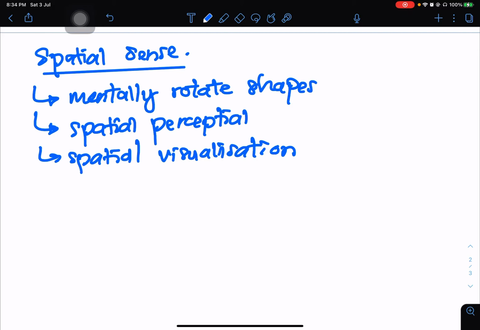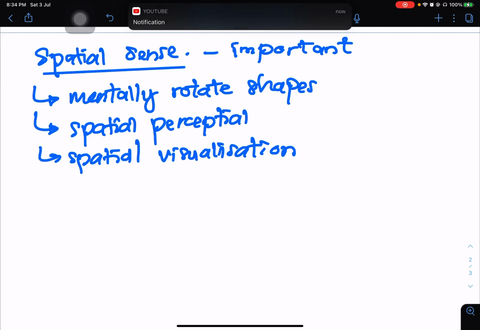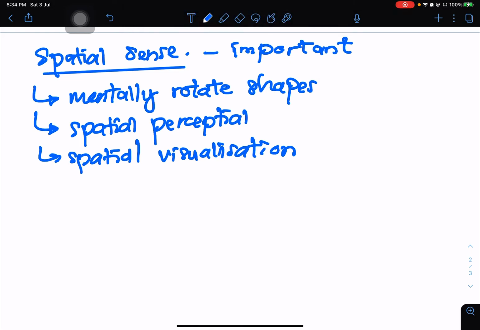So spatial sense is important for most career jobs, such as engineers, doctors, teachers, architects, interior designers, even cooks, even chefs, right? So no matter what job you hold, spatial sense is important, right?